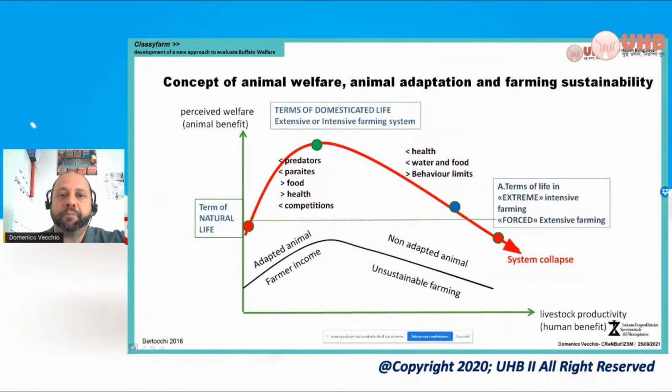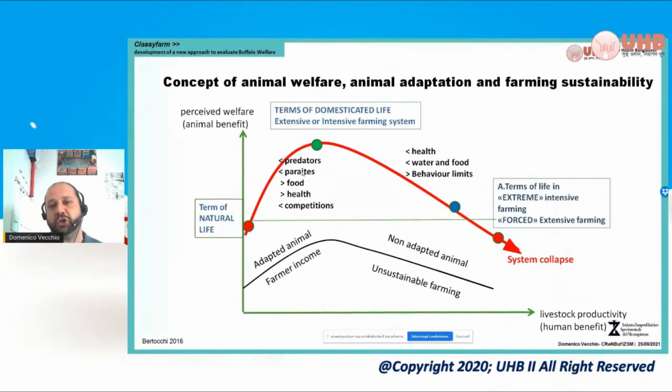Rapidly, in this image, we can see the theoretical reconstruction of the curve between animal benefit and human benefit. If we start from the natural level of welfare with the intensive or semi-intensive breeding system, we can increase the level of animal welfare and the livestock productivity. For example, by applying correct and constant nutrition, or protection from predators or parasites.